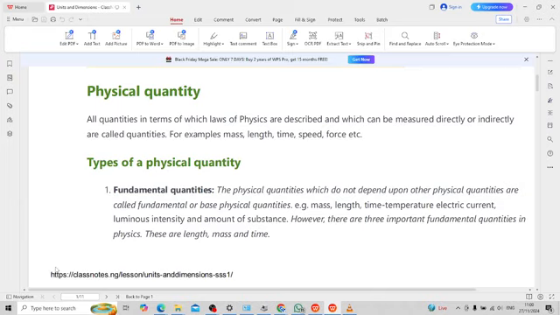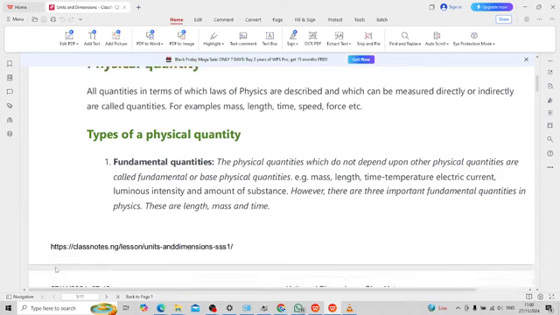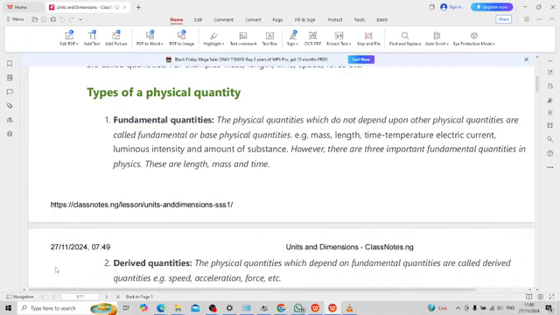Okay, now this quantity, we have two types of quantity. We have the fundamental quantity and we have the derived quantity.